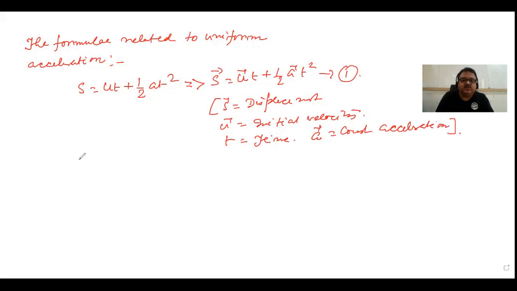Number two, we know this formula, v equal to u plus at. The actual formula is this: v vector equal to u vector plus a vector into t. Here v represents final velocity.